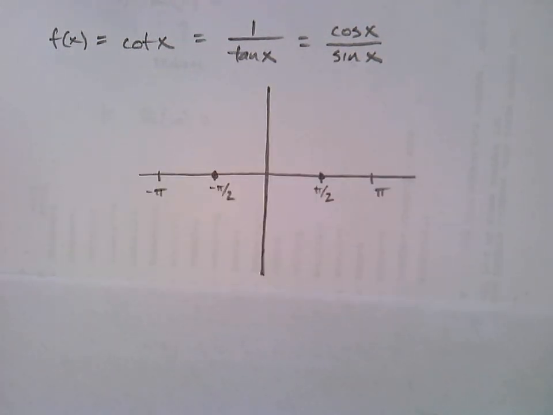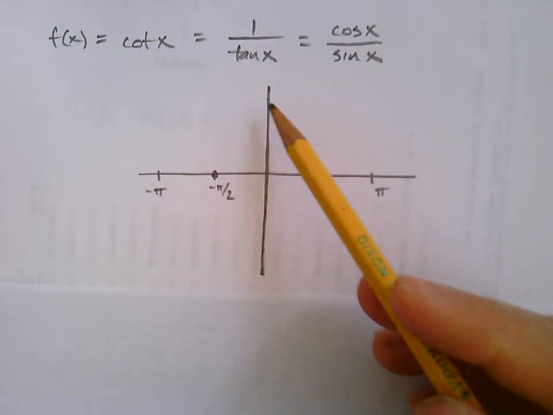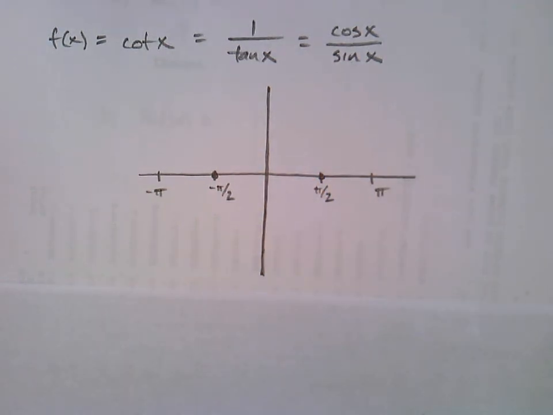Okay, so what's this graph going to do? I'm going to set it up the same way we did tangent of x, or close enough, where I don't indicate anything on the y.